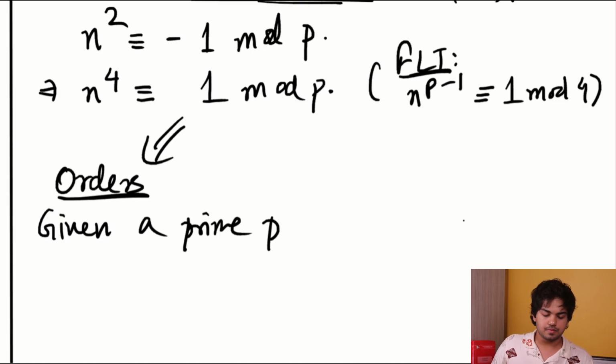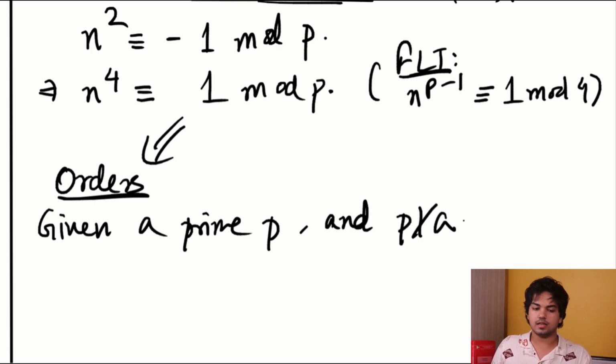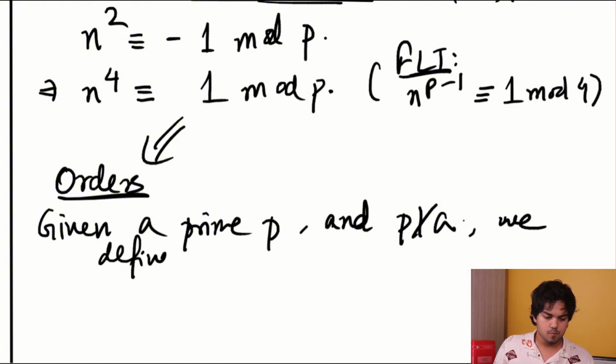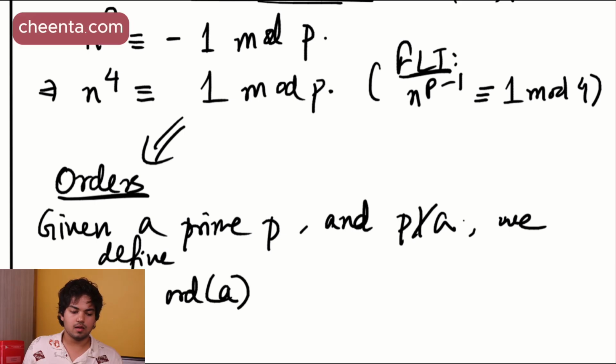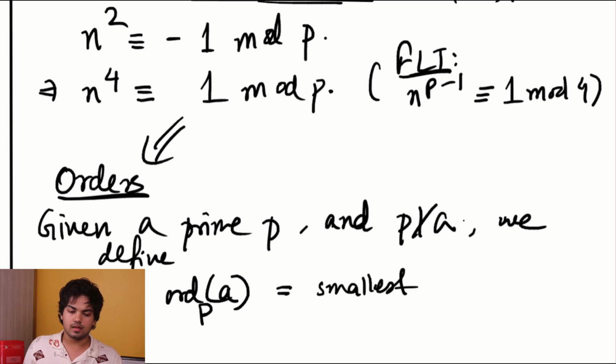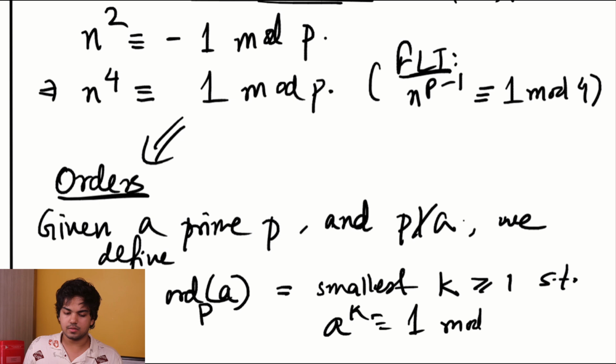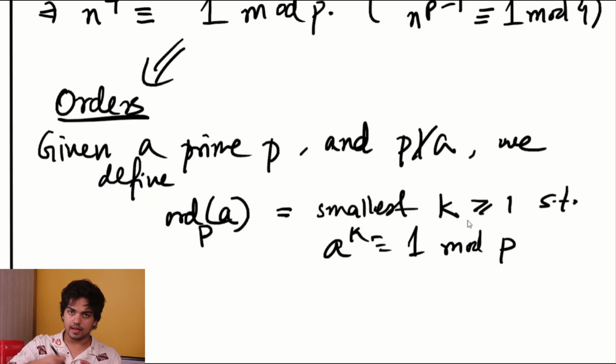Given a prime p and some a such that p doesn't divide a, we define the order of a modulo p to be the smallest positive number k such that a to the k is congruent to 1 mod p. You would have guessed this by now. The order is the smallest thing that I have to raise a to get 1 mod p.